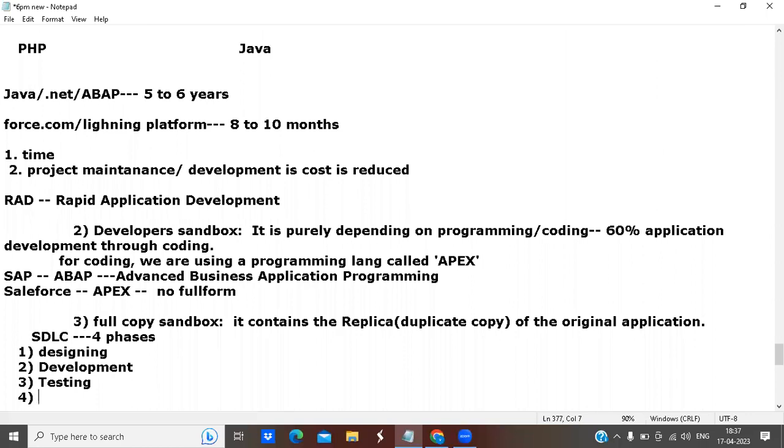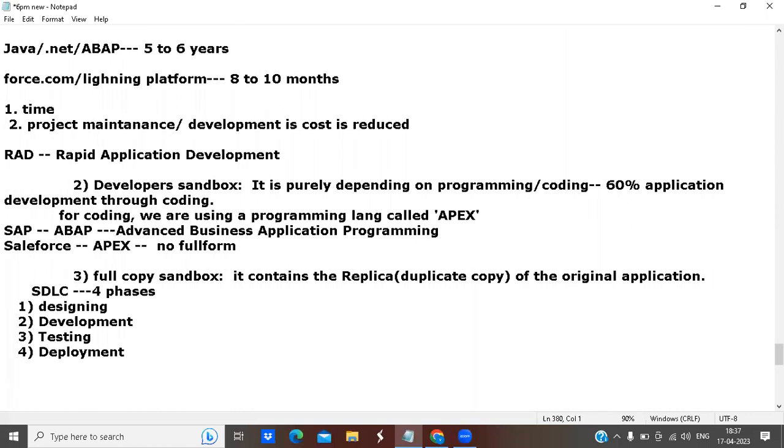What is the fourth one? Deployment. Designing, development, testing and deployment.